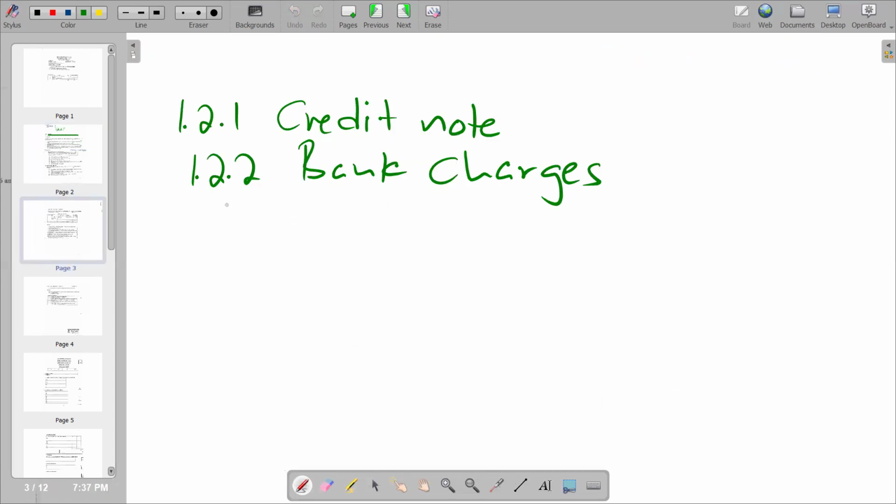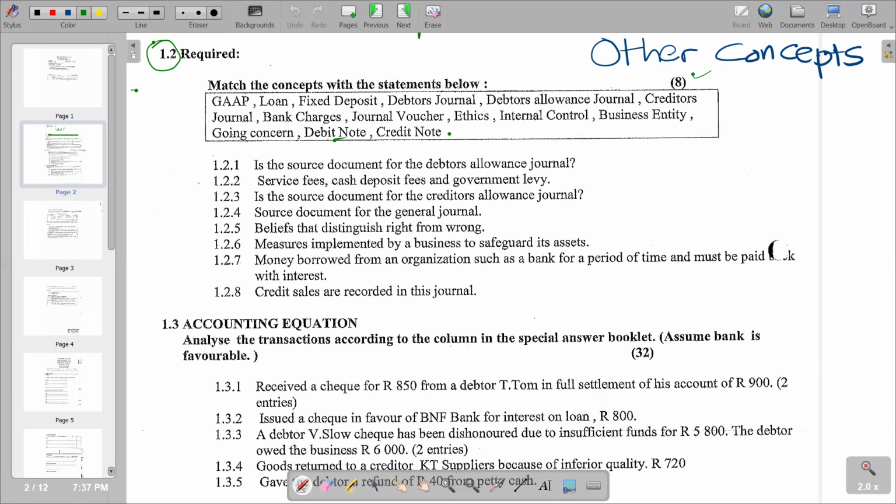That is 1.2.3. Then 1.2.4, source document for the general journal. We know that the general journal is a daybook or subsidiary journal in which transactions relating to adjustment entries are recorded. Typical transactions entered in the general journal can be adjustment entries, depreciation, and any adjustments that are not entered in other journals.